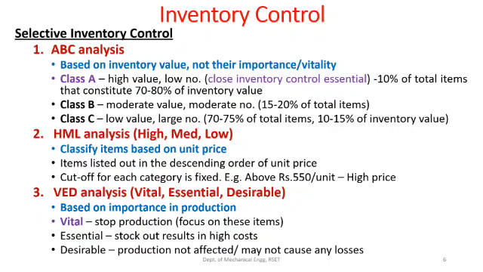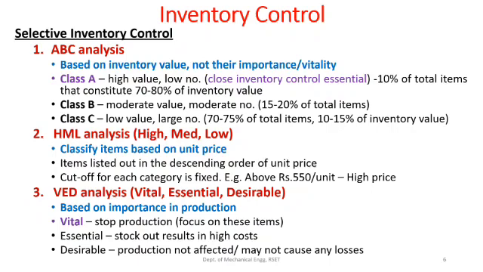Now in ABC analysis, the items are classified or grouped based upon the inventory value, not their importance or vitality. That is the total annual usage value of the items.